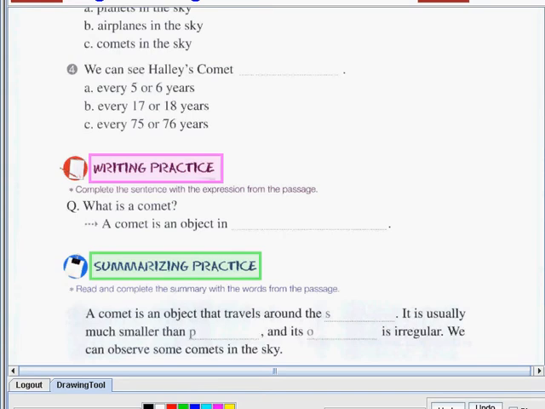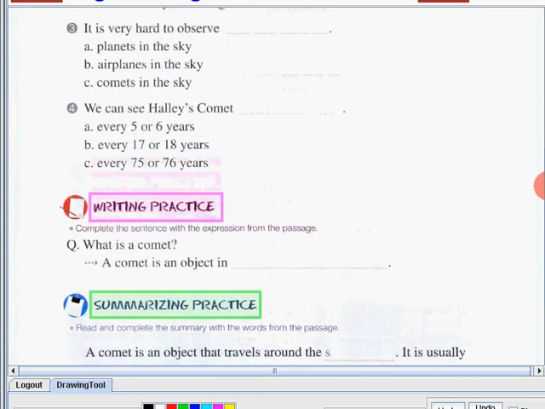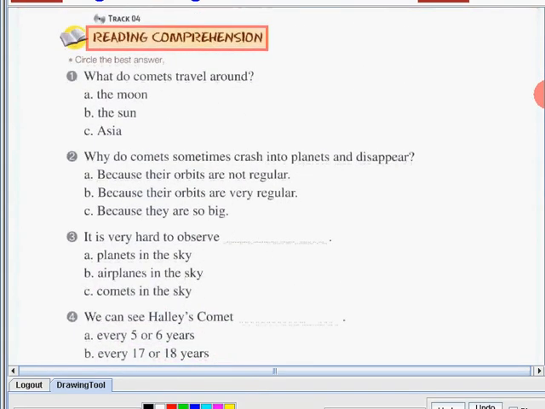So, let's start to the first activity, which is reading comprehension. Are you ready now? Okay, let's begin. But before we start, it is good if you have a piece of paper so you can write your answer from this activity, and then we will answer it together.